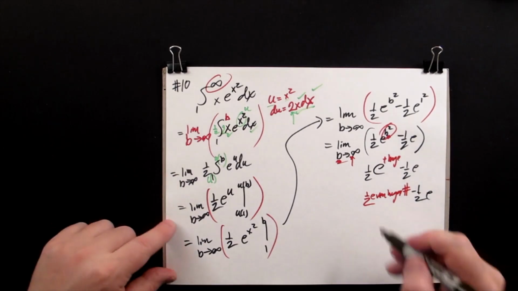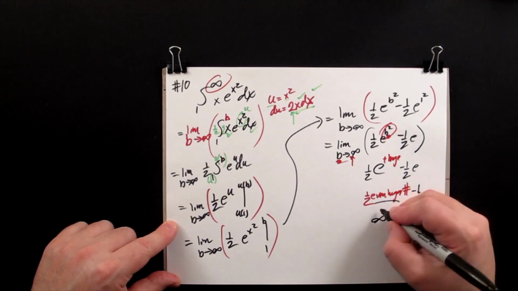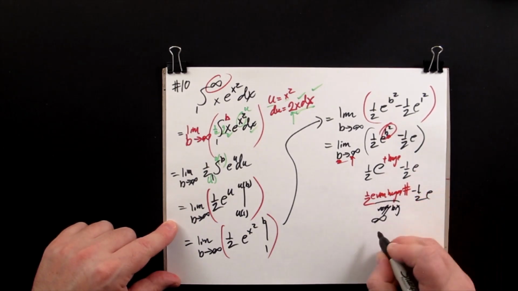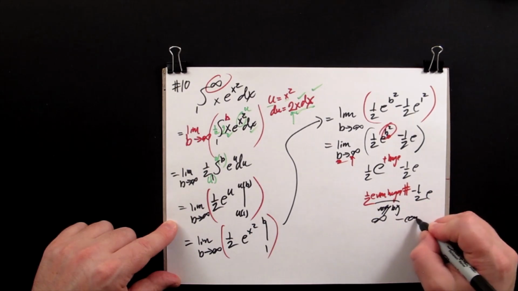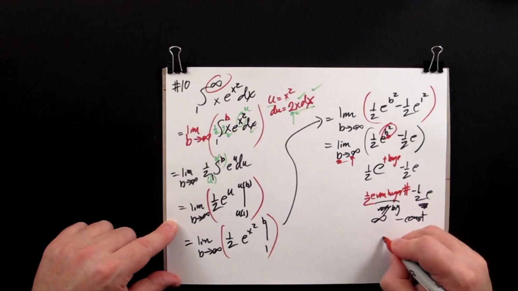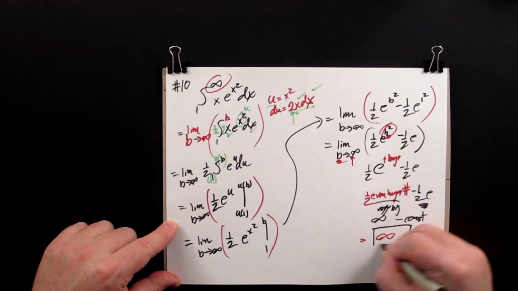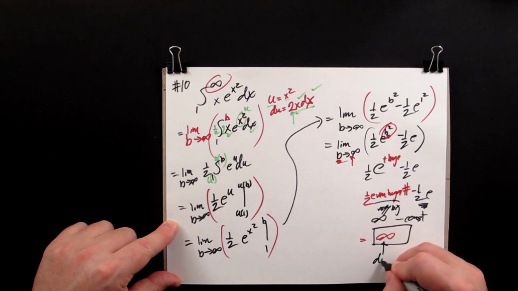Alright, so even huger means this blows up and becomes very big. So we have very big minus a constant, because that's all this is. So the end result for this is it diverges, because it keeps growing to plus infinity. So diverges.